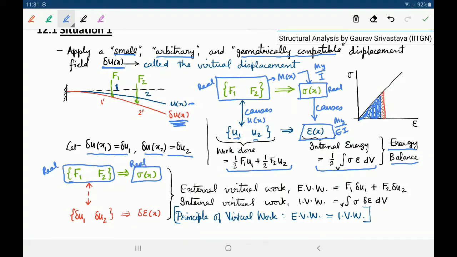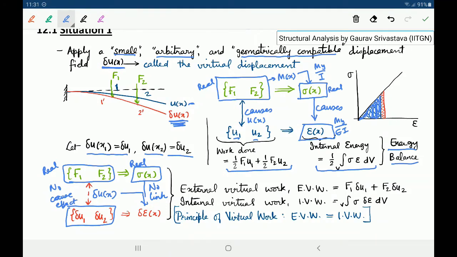But now there is an additional displacement field which is applied, let's say variation of u of x, which causes this additional strain, but there is no link or no cause and effect. So no cause effect.